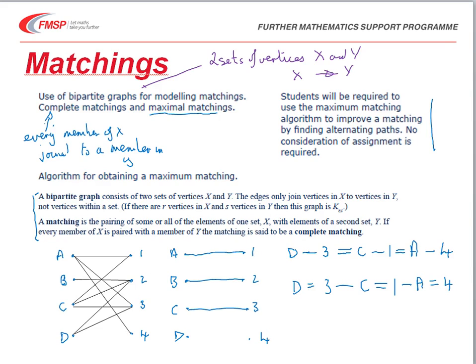I'll show that happening on this diagram in a different color: we go from D to 3, from C to 3, then we use C to 1, not A to 1, but we're going to use A to 4.